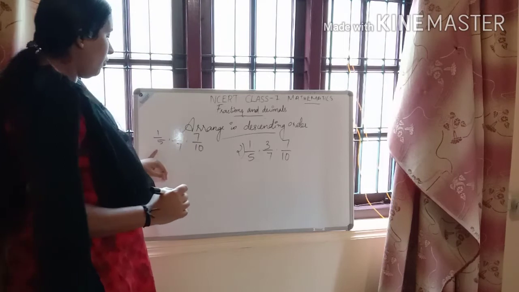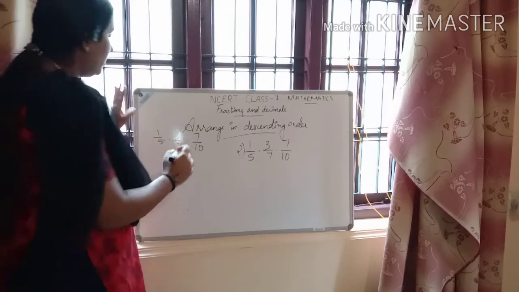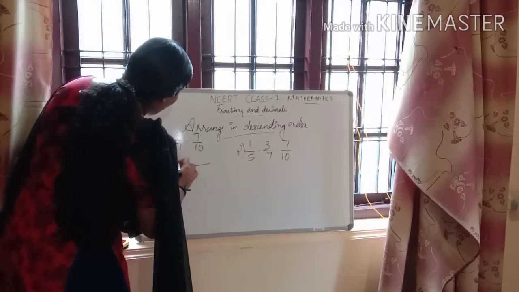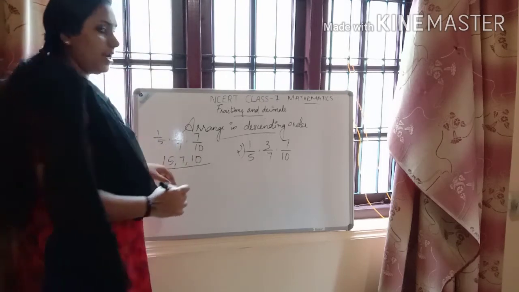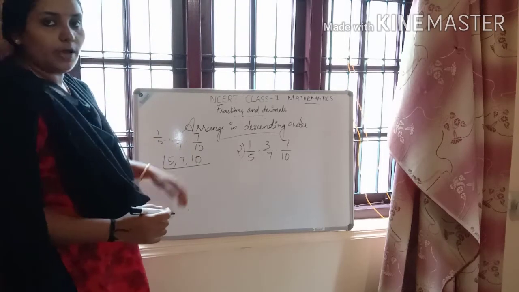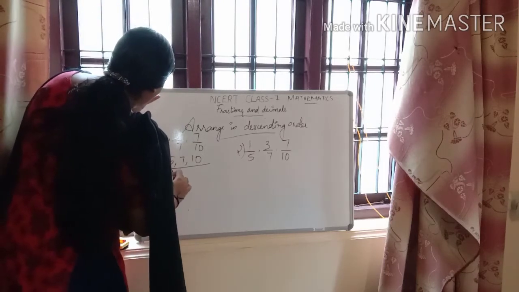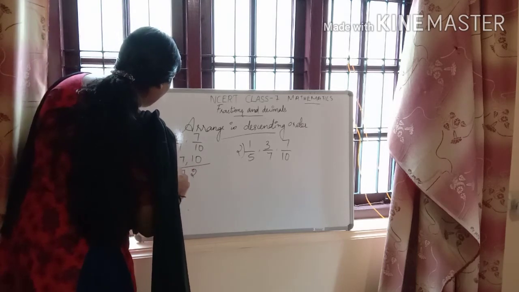First of all, we have to find out the LCM. 5, 7, 10. Find out the LCM. Is there any common factor? Yes, 5 is the common factor over here. So 5 divided by 5 is 1, 7, and 10 by 5 is 2.